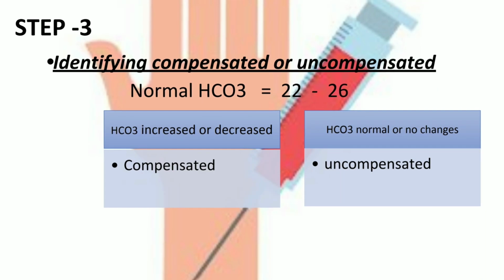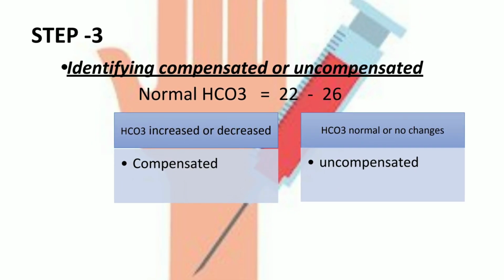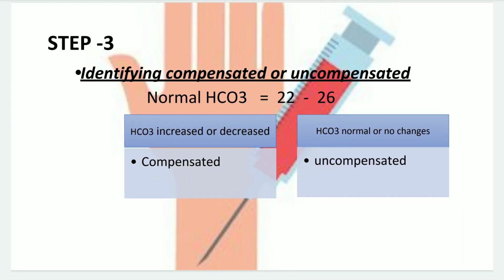Now let's see step 3, identifying whether it is compensated or uncompensated. Normal HCO3 is 22 to 26. It is very simple. If HCO3 or bicarbonate increased or decreased, that means the bicarbonate is trying to help the pH to come into the normal level.